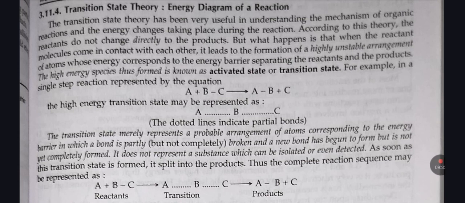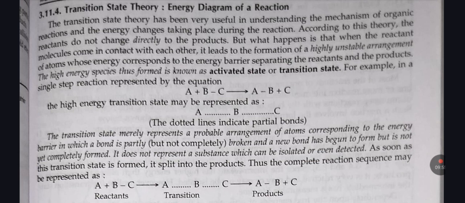The transition state merely represents a probable arrangement of atoms corresponding to the energy barrier, in which a bond is partially but not completely broken and a new bond has begun to form but is not yet completely formed. It does not represent a substance which can be isolated or even detected.